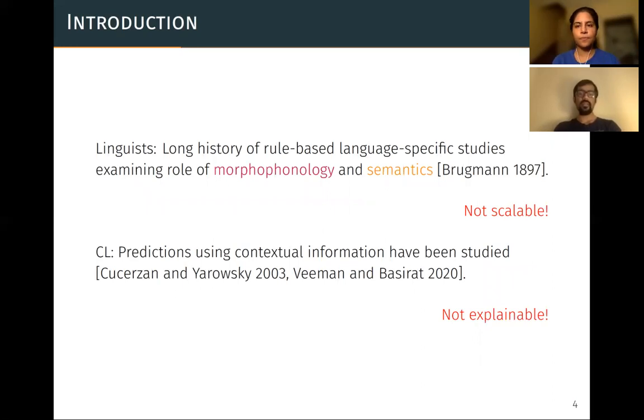Computational linguists have recently looked at making predictions using contextual information, but that's not very good at giving us explanations. So, for example, in French, if you just give an explanation that personne is feminine just because you saw la personne in context somewhere, that's not a good explanation for why it is feminine.